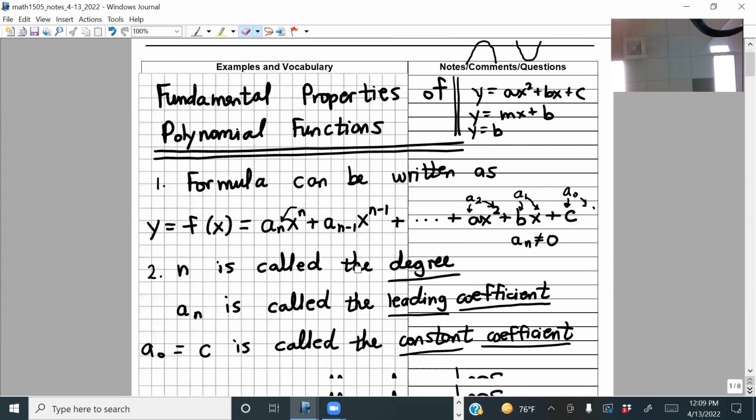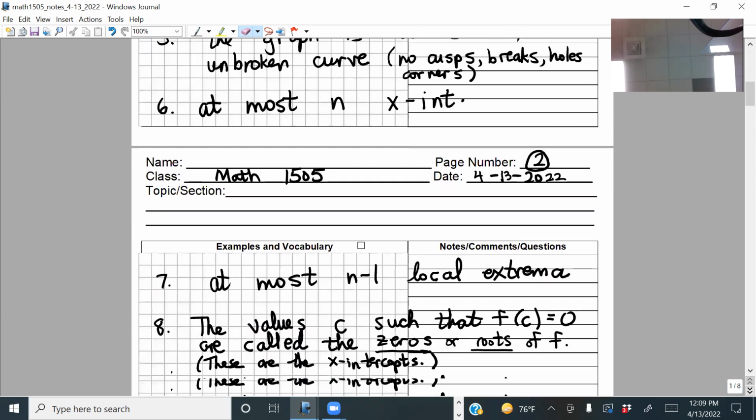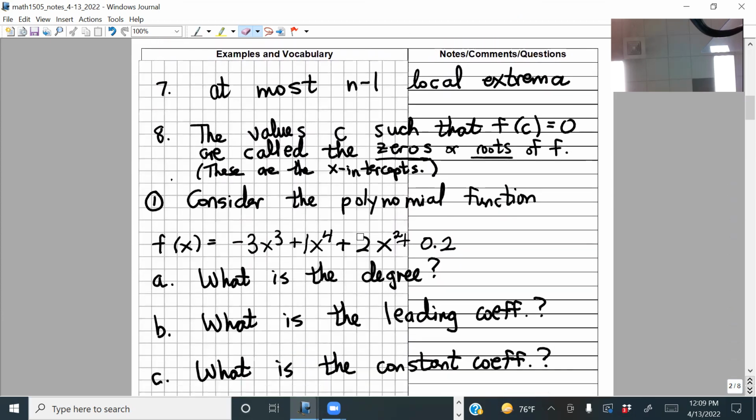Let me show you an example of a specific polynomial function. Here's one. You see how that formula is formed? It's just a bunch of terms added, or you can think of it as subtracted. And all those terms are nothing more than powers of x.